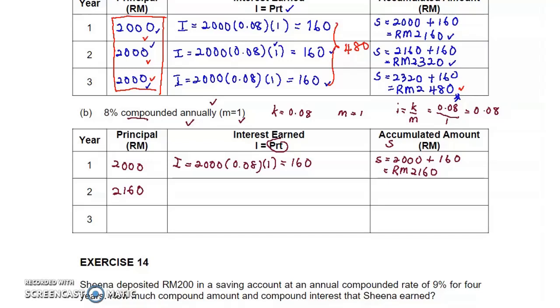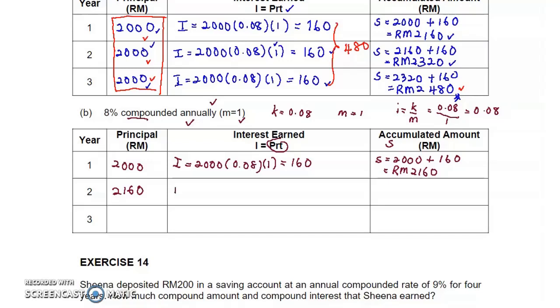That's why in compound interest, we say the interest itself earns interest from the previous interest. So the second year principal here is 2160, and we use this value to calculate interest for the second year.